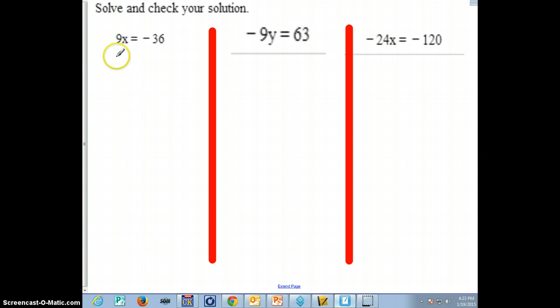Okay, now, same kind of idea. 9 times something gives me negative 36. So I'm going to divide both sides by 9. Let's cancel. So I have x equals negative 4. On this one, I have to get rid of a negative 9. So if I divide it by negative 9, the 9 and the negative cancel.